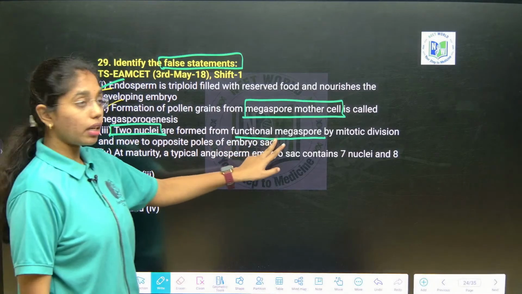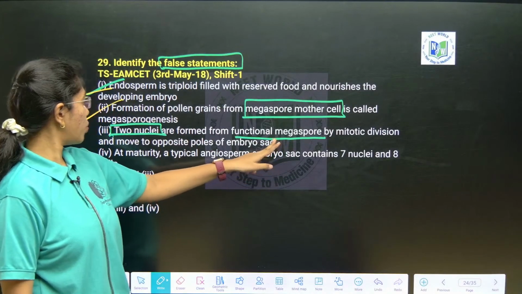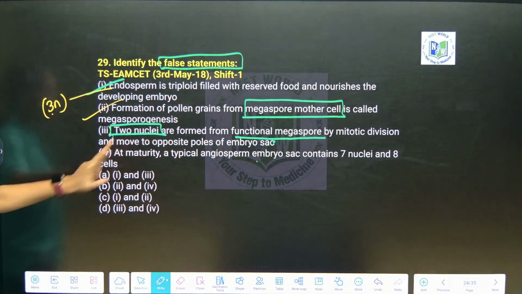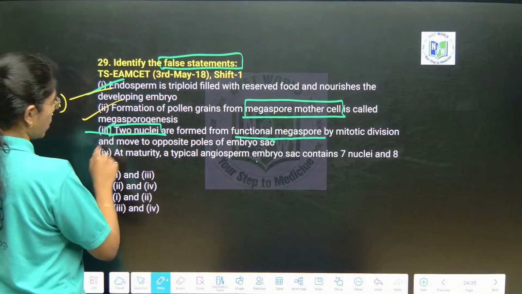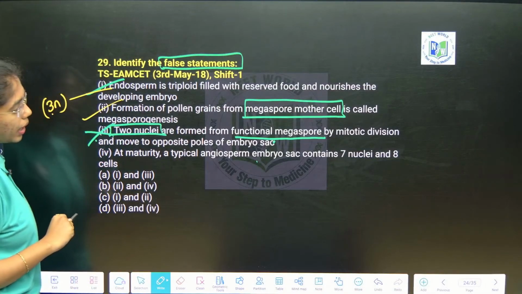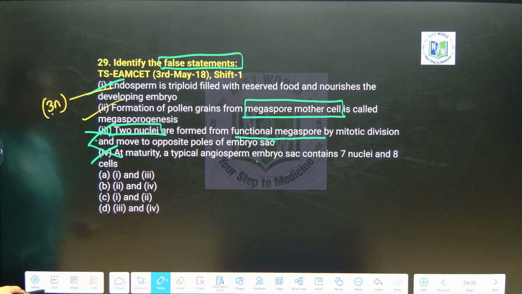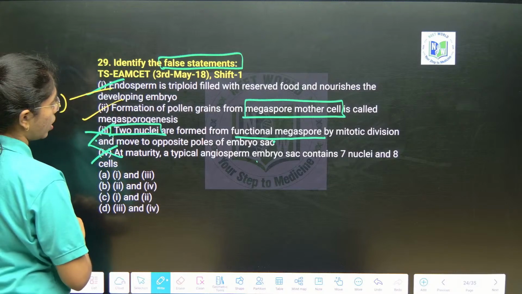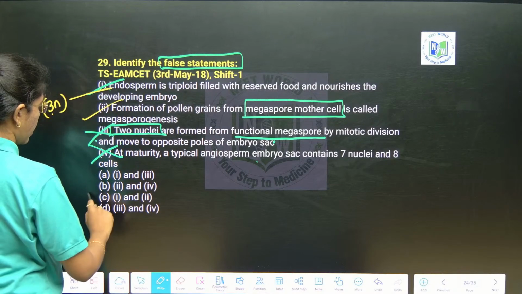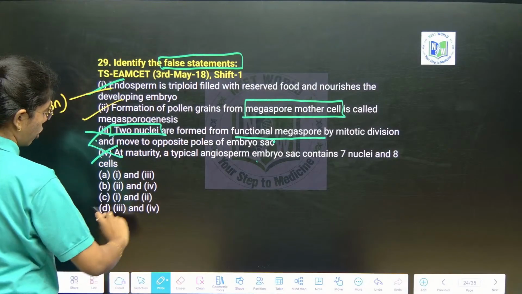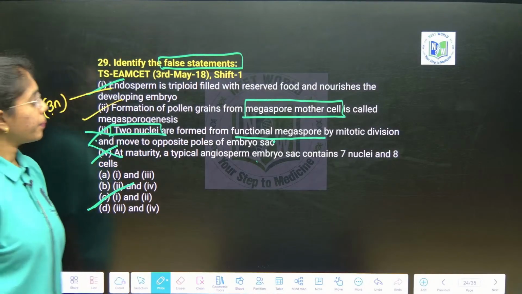By mitotic division from the functional megaspore, 8 nuclei are formed, not 2 nuclei. At maturity, a typical embryo sac has 7 nuclei. No, it has 8 nuclei and 7 celled condition. So here the right answer is 1 and 2. Option C. Okay. Next.